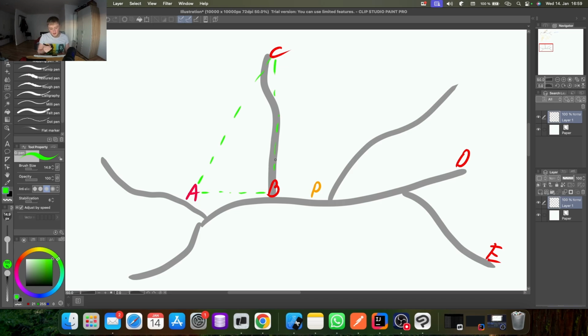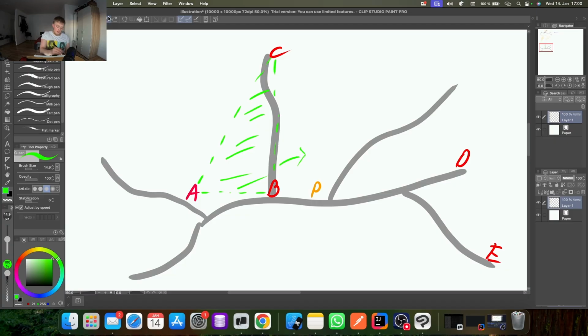So, we calculate the perimeter of this triangle, right? We have to calculate that. And in order to find if P is outside this triangle or inside.